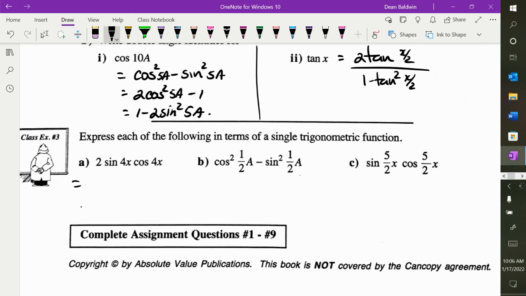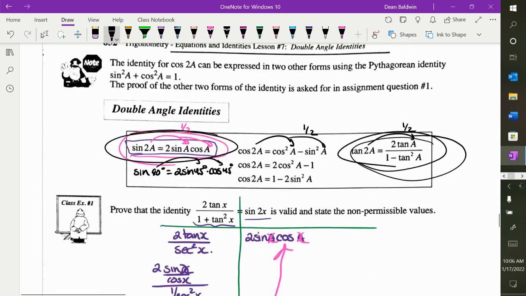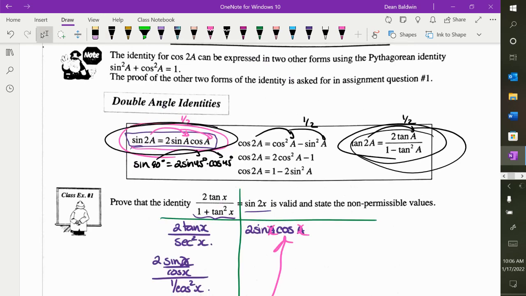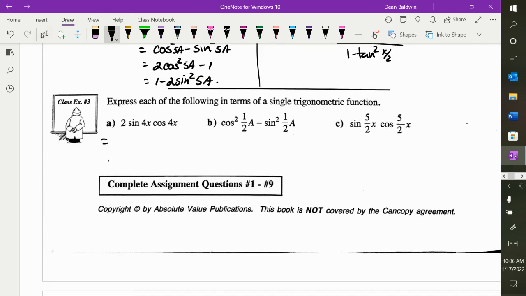It's a sine double angle. It is this one right here. Okay? But what happens to the angle when you're going back now? It gets doubled. So what does the angle become if it's 4x here? 8x. So you get sine of 8x.